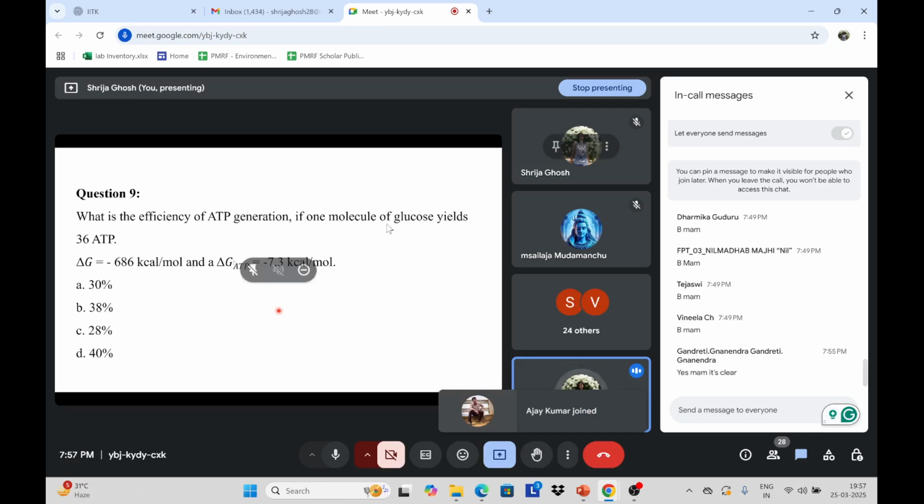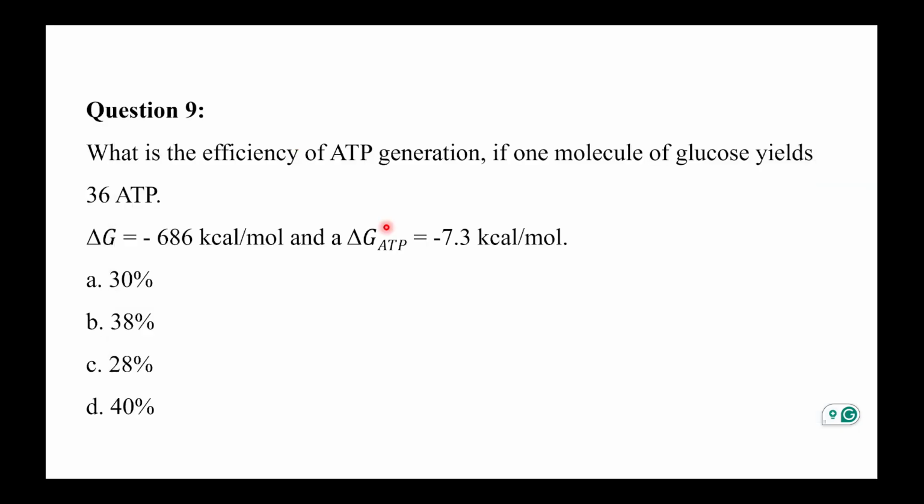So 1 molecule of glucose is giving 36 ATP. Okay. And for 1 ATP, the free energy is 7.3 kilocalories per mole. So for 36 ATP, it would be 36 into 7.3 kilocalories per mole. Okay. So that would be the value of free energy for ATP.